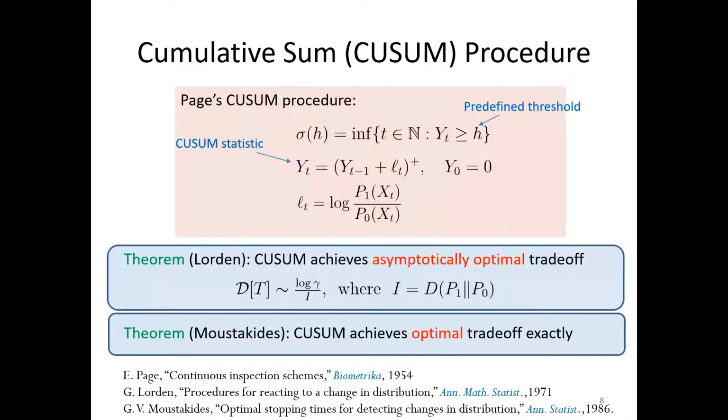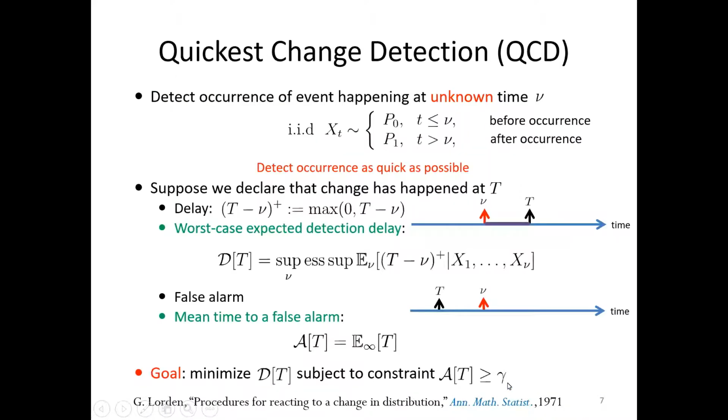All right. So in that paper, Lorden showed that this CUSUM procedure is asymptotically optimal, and that it can achieve the best trade-off between the delay and the mean time to a false alarm. So the scaling is like this: the delay scales like log gamma divided by I. Here I is the Kullback-Leibler divergence between these two distributions, and gamma is the constraint on the mean time to a false alarm.